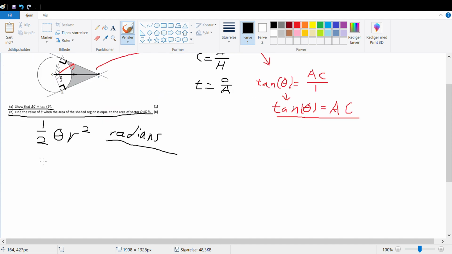Next point. So sector, that's one thing. But what about this triangle? What about this shaded area? How do we get it? It kind of looks like, let me try and illustrate here with blue, it kind of looks like it's this triangle, for example, minus this sector, as if we just took this part away.